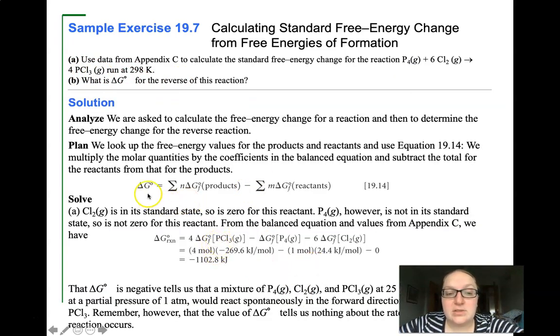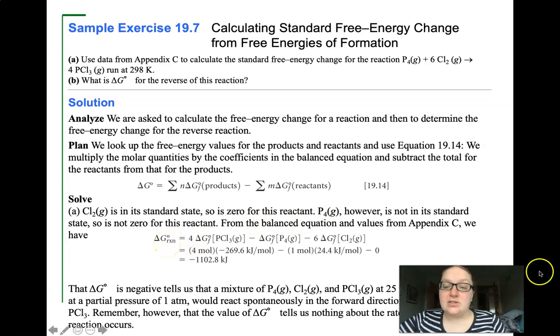So we're going to set it up so that delta G naught equals the sum of the coefficients times each of the delta G values in the products minus the sum of the coefficients times delta G of the reactants. So what that looks like is this one down here.